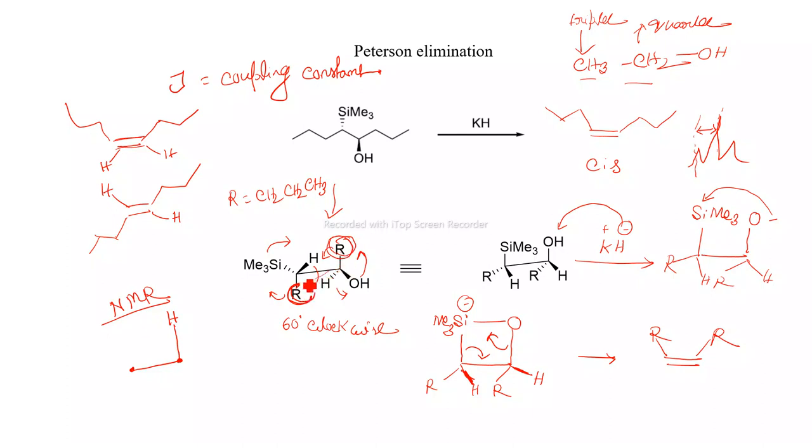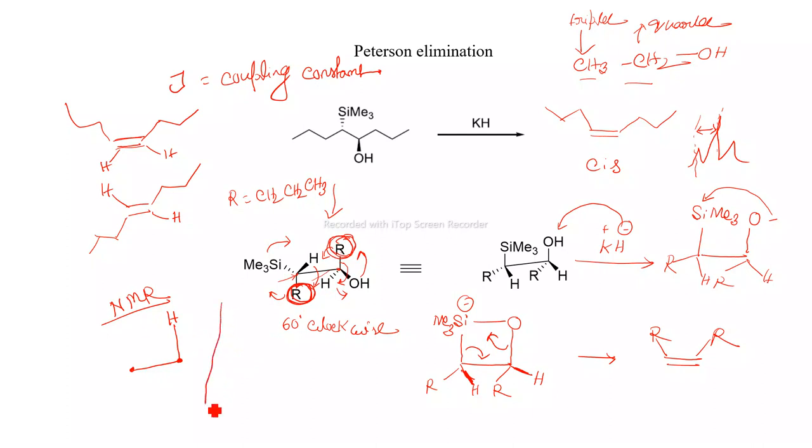This is called a dihedral angle. For that, you first merge these two centers, so they come in the same direction. Then draw the angle. How much angle? This is 180 degrees. Is it okay or not? This R and R is a 180-degree angle.